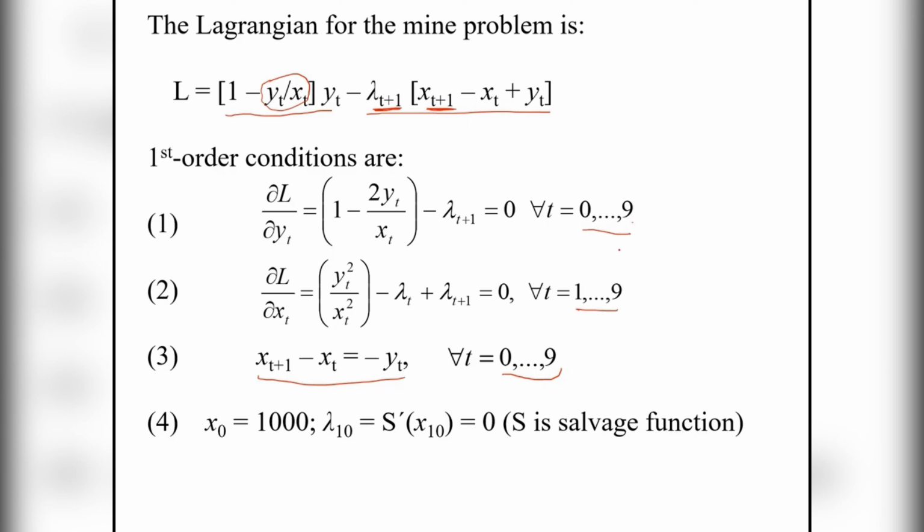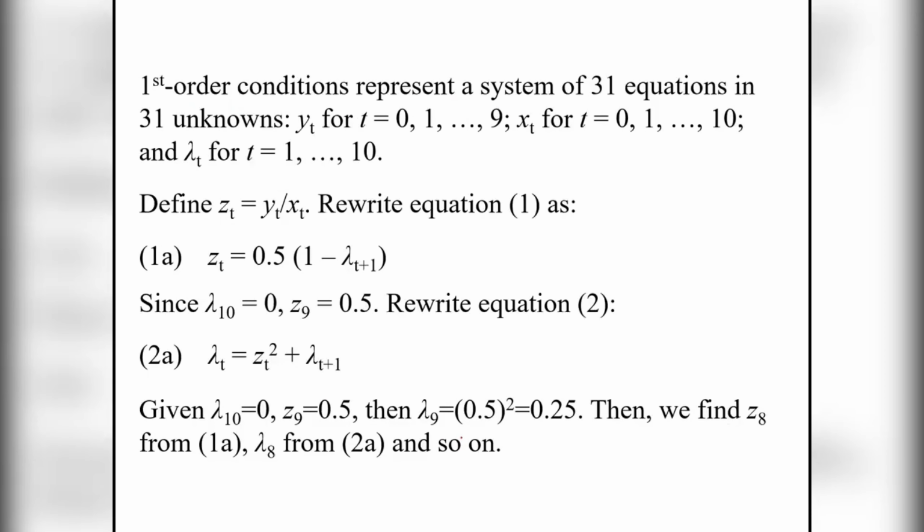So this gives us 10, this gives us 10, and this gives us 9 as well. So with x_0 equal to 1,000 and lambda_10 set equal to 0, recalling our discussion above, we take all the ore out until that lambda is 0. In other words, we're saying that we can't take all of the ore out, and we'll see that in a minute.